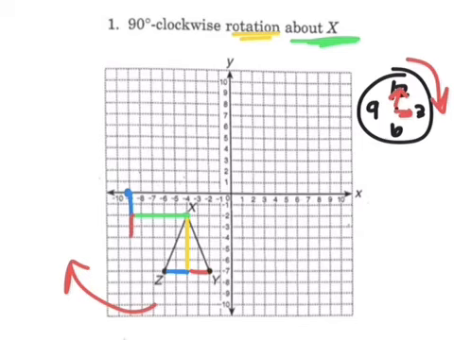So 2 blocks away right here is letter Y. So this would be Y prime, Z prime, and our new X prime. Then construct the triangle. And that's what our 90-degree rotation will look like.